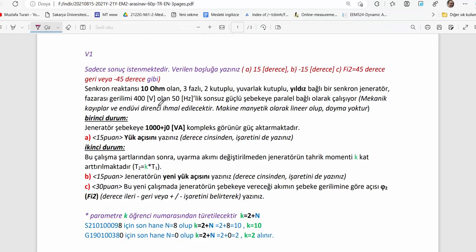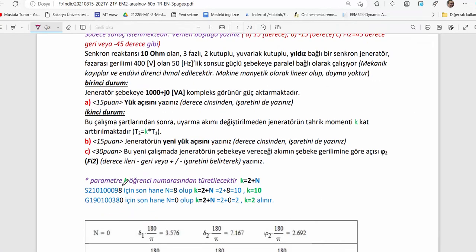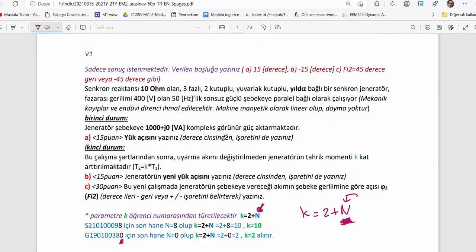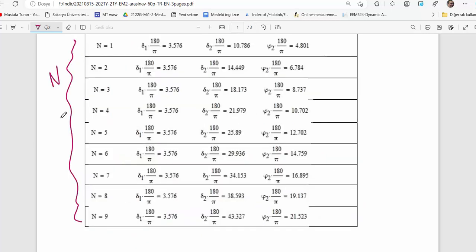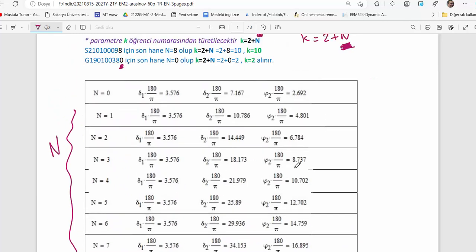The original question is parametric. It changes with respect to the final digit of the student number. There is a parameter defined K, and it changes with respect to the last digit of the student number. So there are also 4 different variants. I only deal with the first variant, and possibly there are 40 different results of this question.